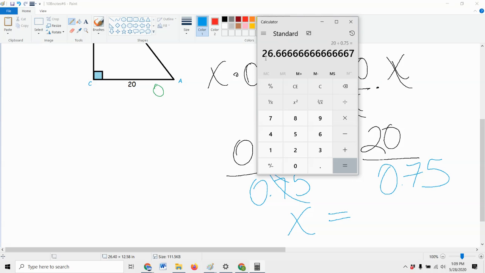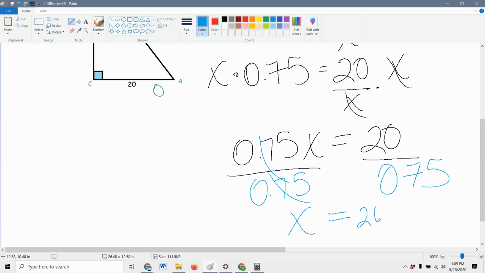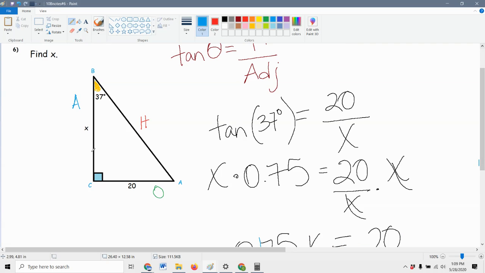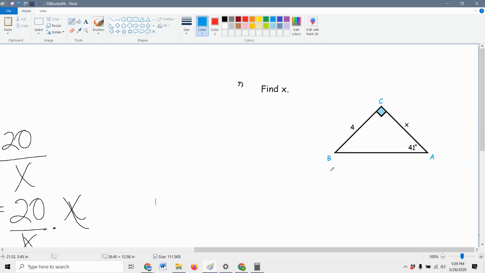And our answer, again, we want to give to two places past the decimal. Since the third place is a 6, 5 or above, we'll round that second spot up, 26.67. So our value of x and our missing side length is 26.67.